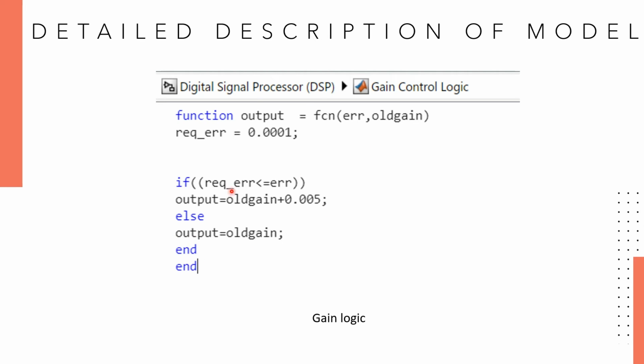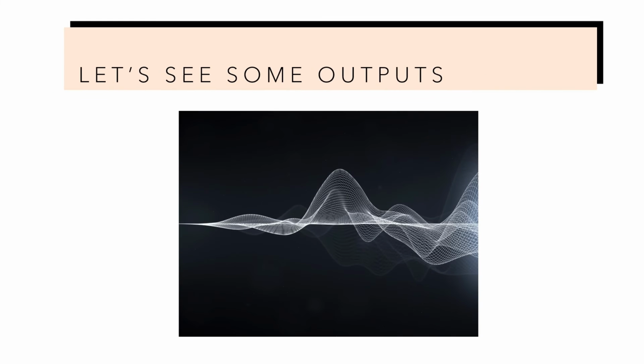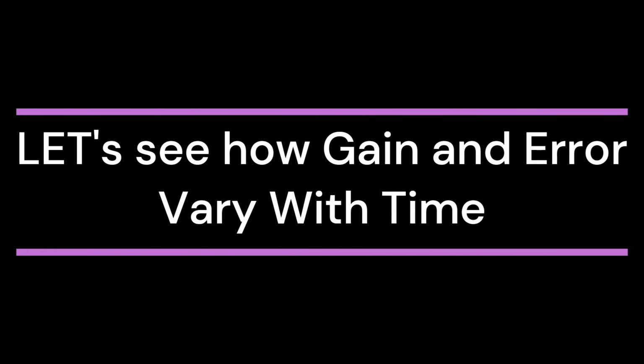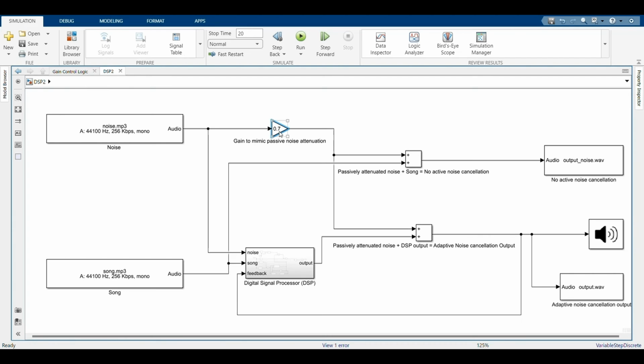And once it reaches the required error, we don't change the gain. Now let's see some outputs. As you can see, I have set one random value of the passive noise attenuation in the gain block given here.